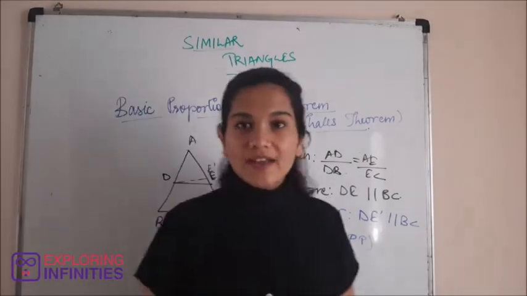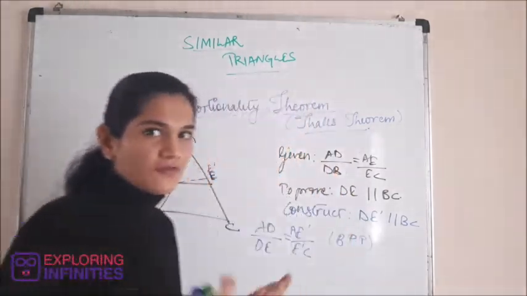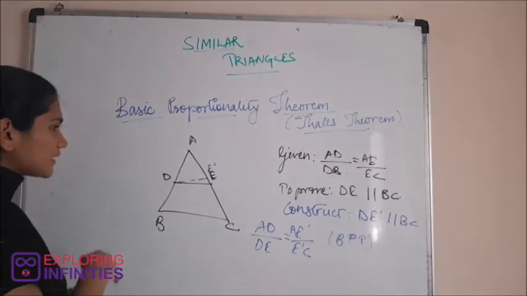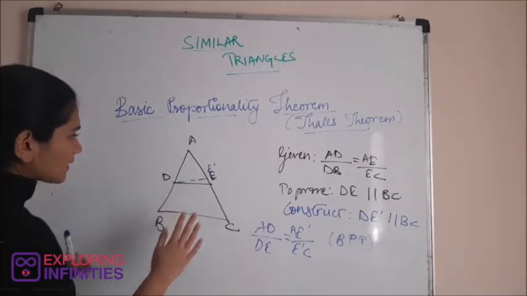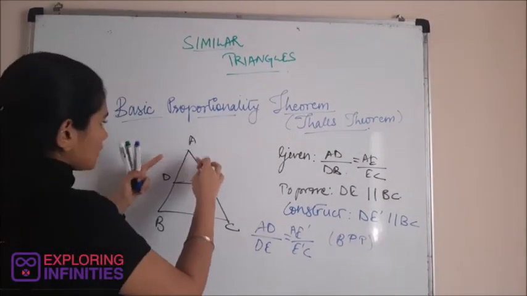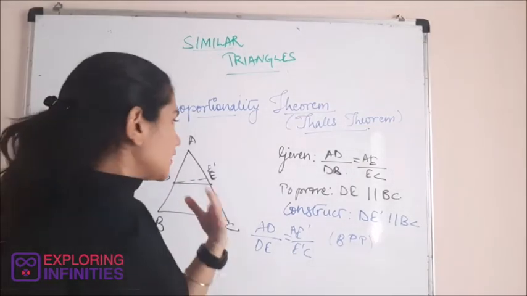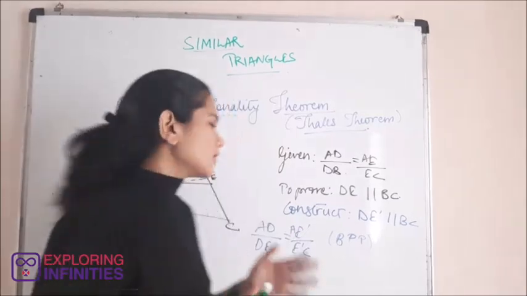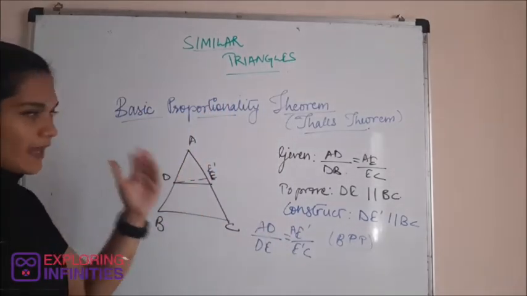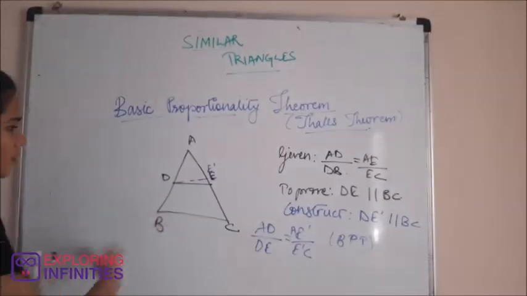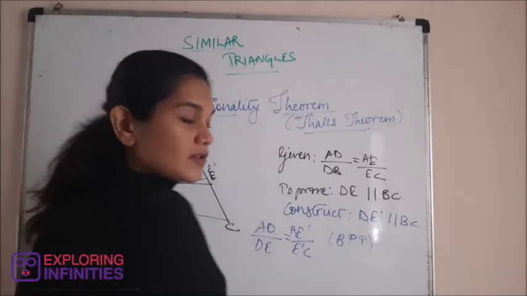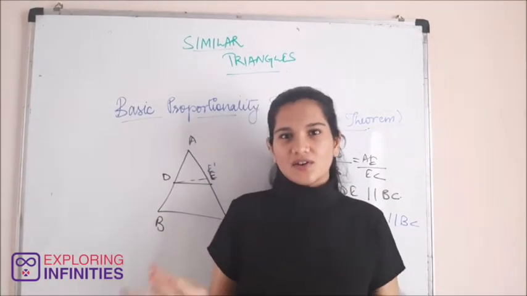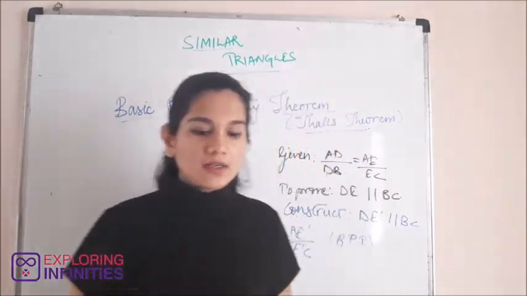That is how we have proved that if in a triangle there is a line that divides the other two sides in a particular ratio, then we can say that the line is parallel to the third side. So that is the inverse of the basic proportionality theorem.